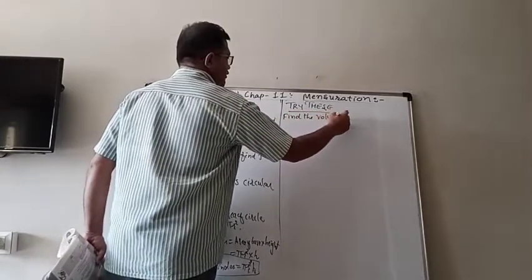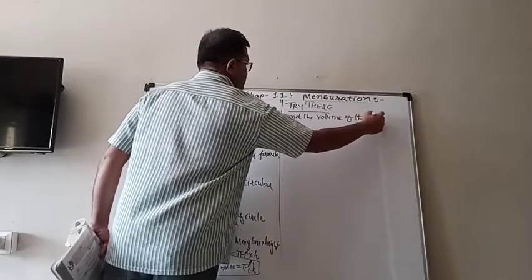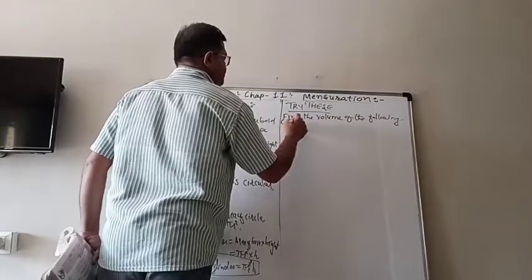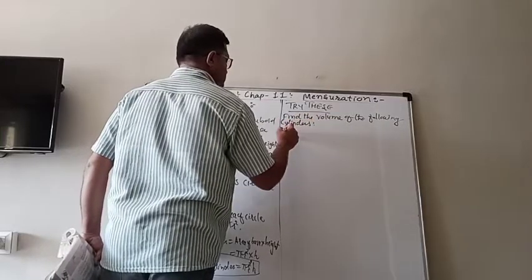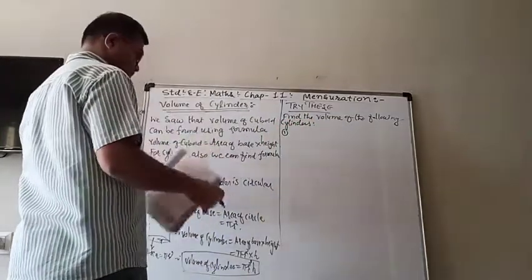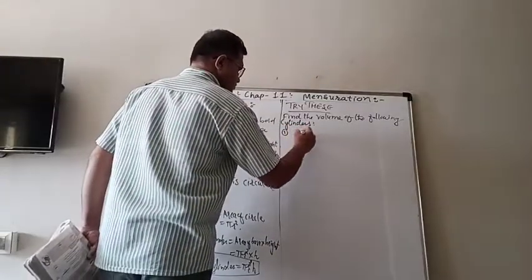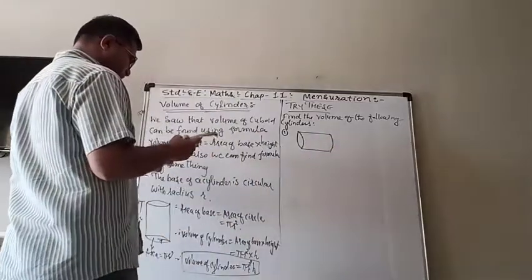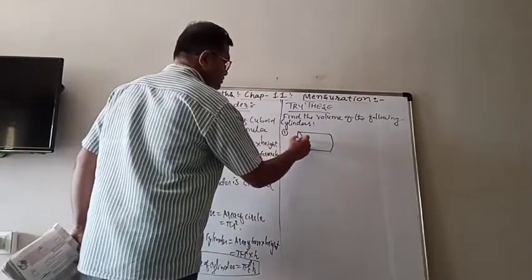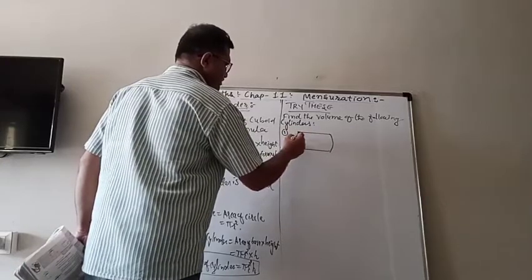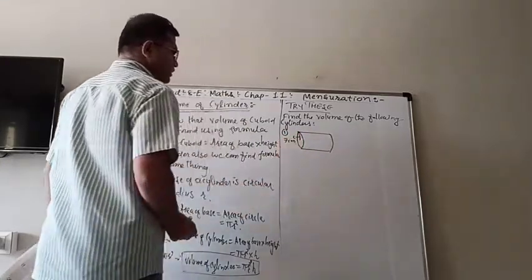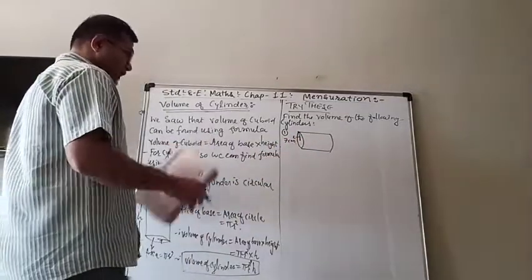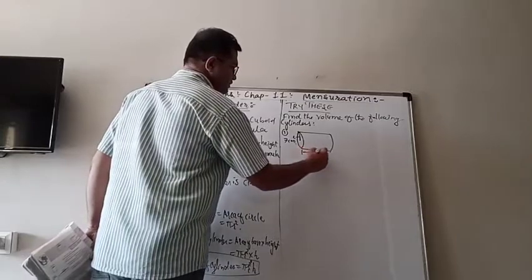In the first one, the cylinder is given like this, whose radius is given 7 centimeter and height is 10 centimeter.